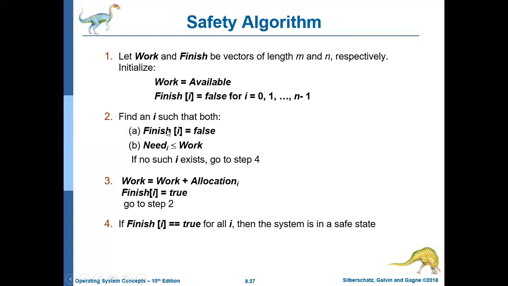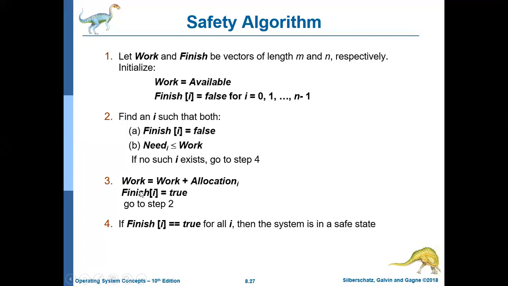Then in the next step we are getting such a process which has not executed till now and its need is less than work. So we have found that we can execute P1; P0 we cannot execute, as P0's need is not less than work. So we have finalized that P1's need is less than work, so we can execute this P1.